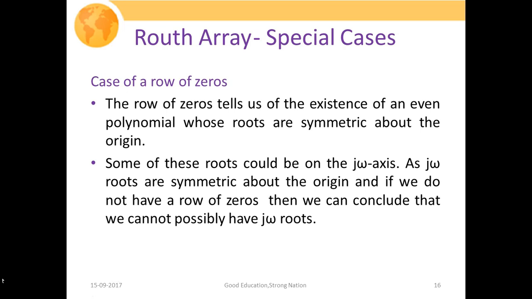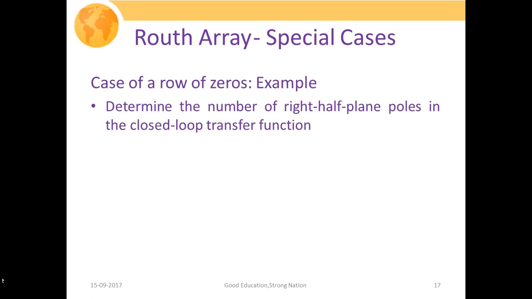If we have a row of zeros, some roots are on the j omega axis. Let us understand this better with an example. Let us take a quick question.